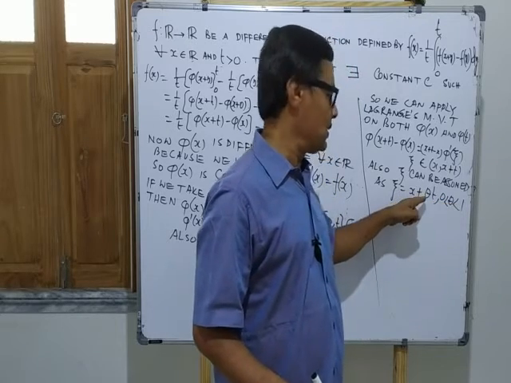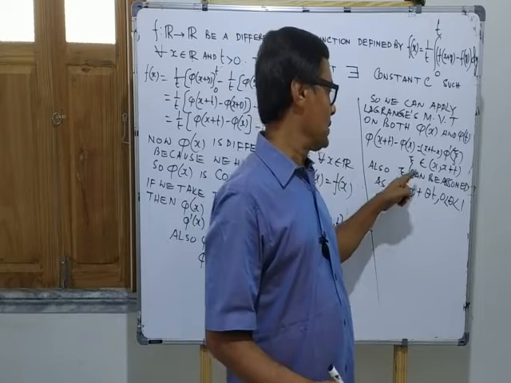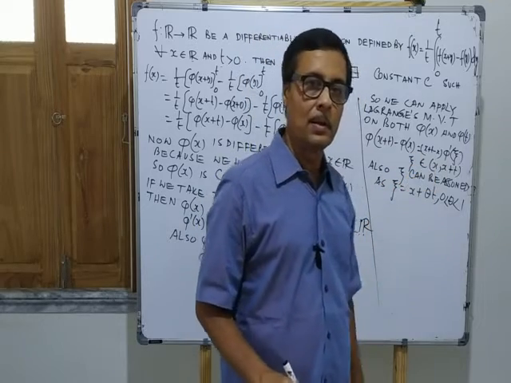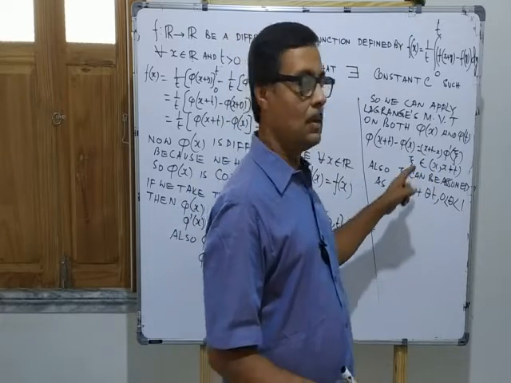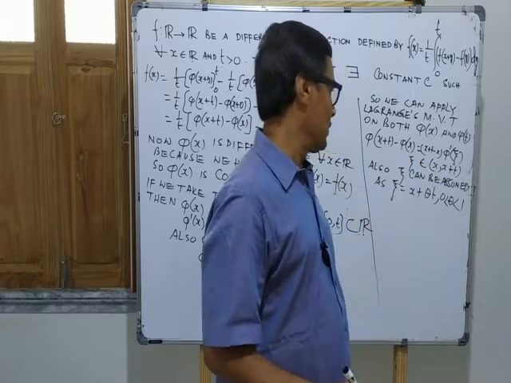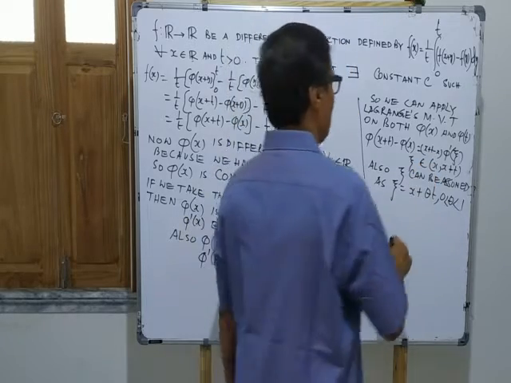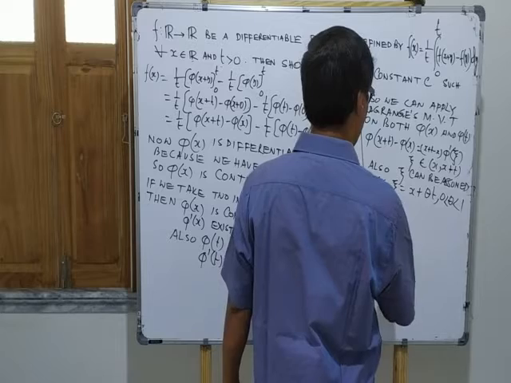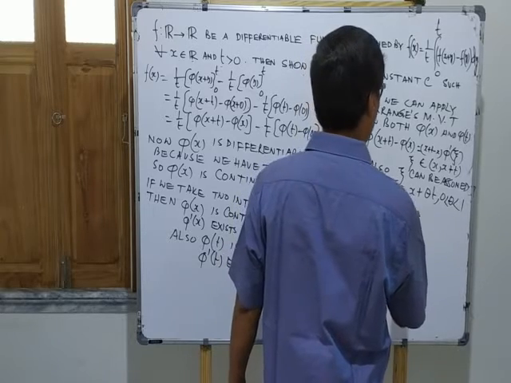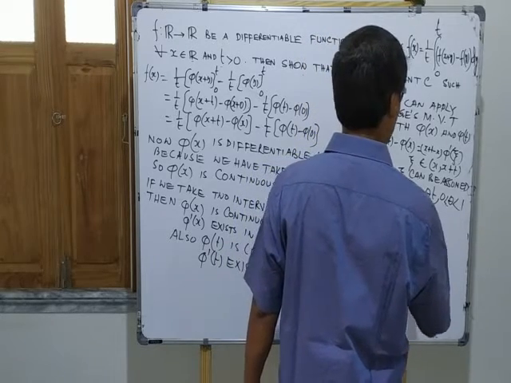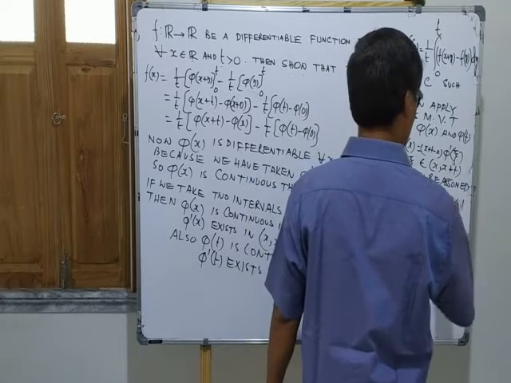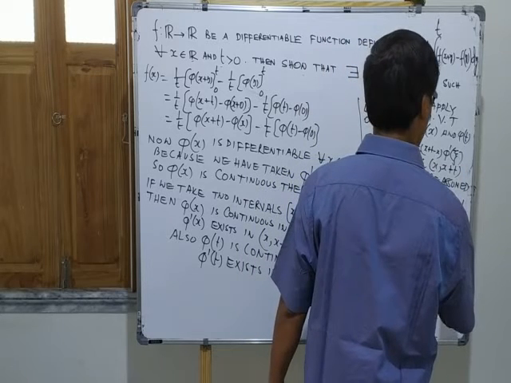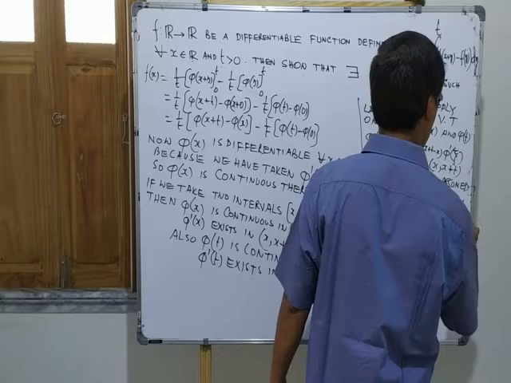So x plus theta t is a point which lies between x and x plus t. So phi of x plus t minus phi of x equals t times phi dot x plus theta t.